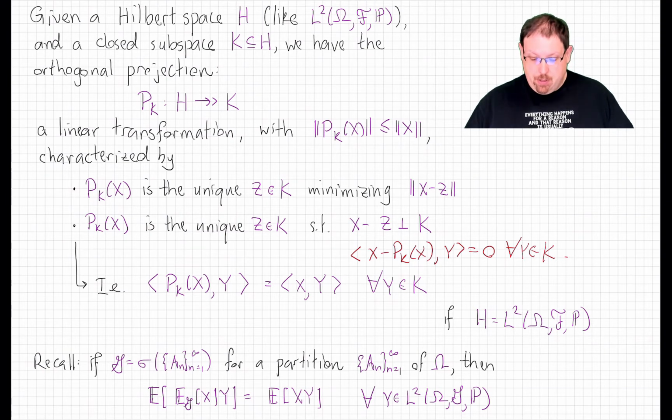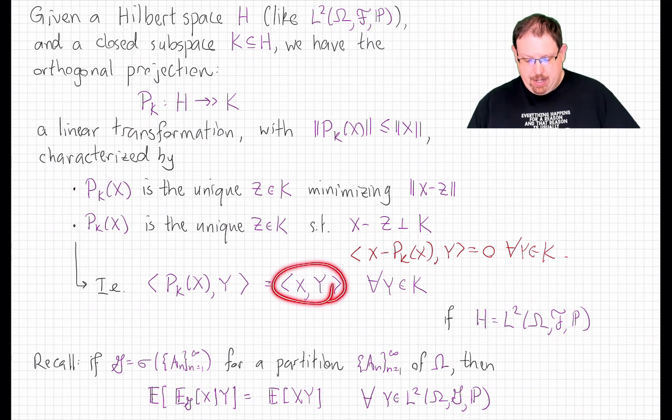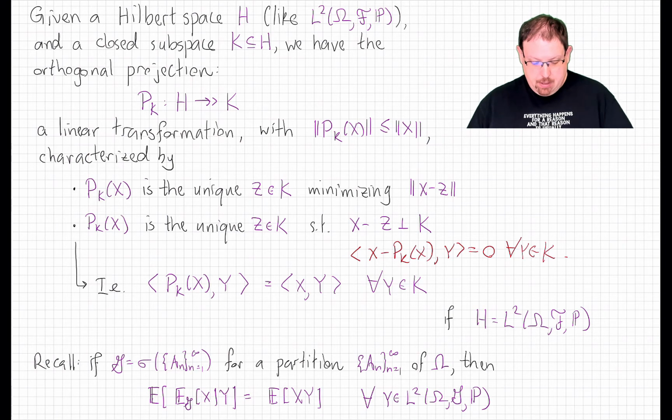Now let's just rearrange that using the linearity of the dot product. That condition is equivalent to saying that for any vector y in the subspace, the dot product of x with y is the same as the dot product of y with the projection into K of x.